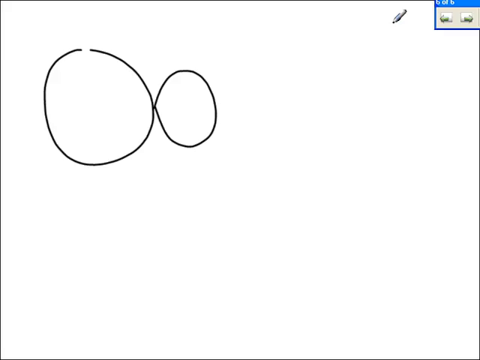Now, I want to talk about two other definitions. This circle and that circle are tangent. They meet at one point. In fact, there's a tangent line.